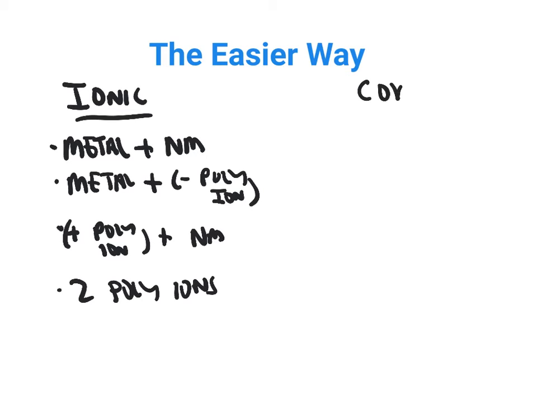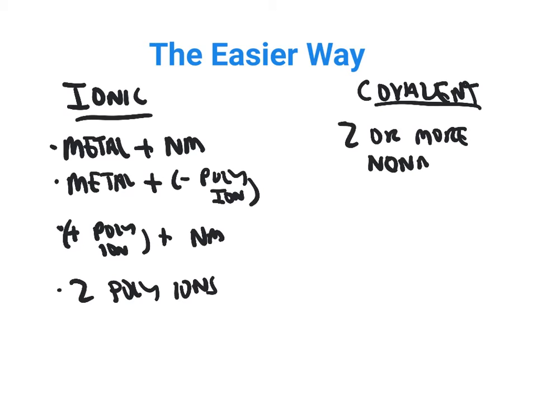A covalent bond occurs between two or more nonmetals, and that's it. So you have to look at the atoms, and if you see two or more nonmetals and no polyatomic ions, it's covalent. Everything else is ionic.